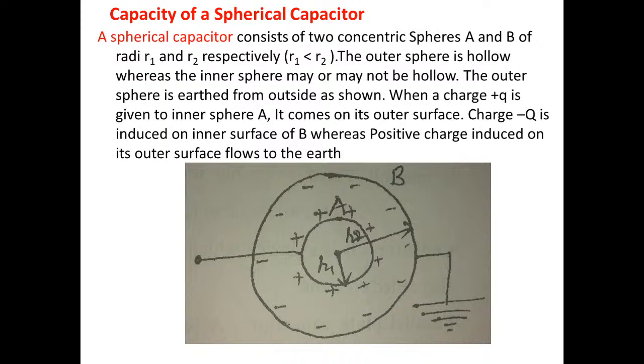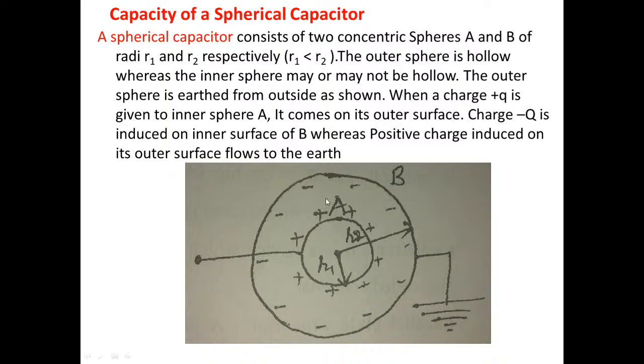So, coming back to the figure again, a spherical capacitor consists of two concentric spheres A and B of radii R1 and R2. R1 is the radius of the inner sphere and R2 is the radius of the outer spherical surface.